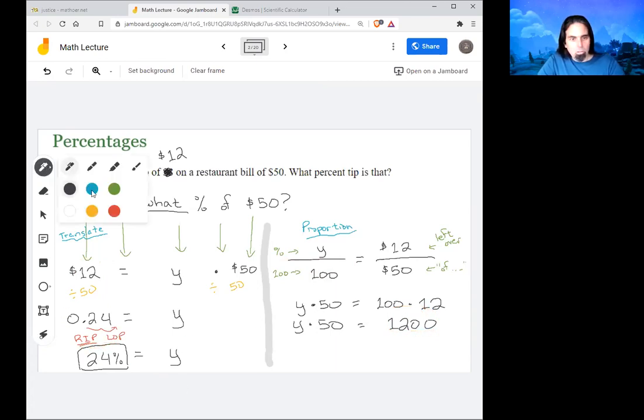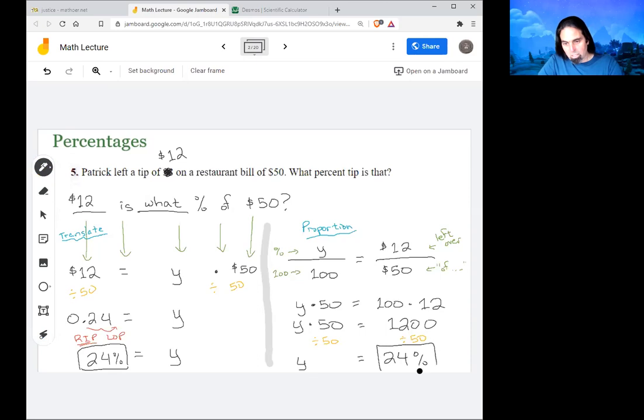Things are 100 bigger. So I will get 24, and then I just shove a percent symbol on it because I paid for it already. Everyone who's a proportion kind of person, okay with the right-hand side? Yeah.